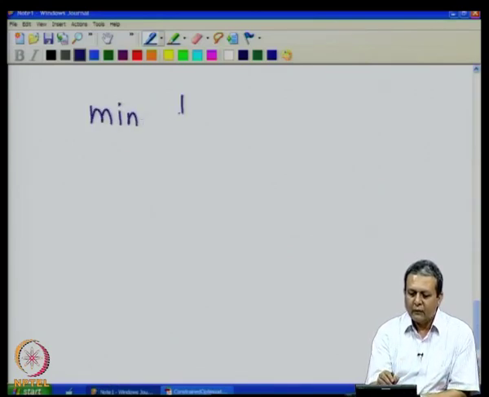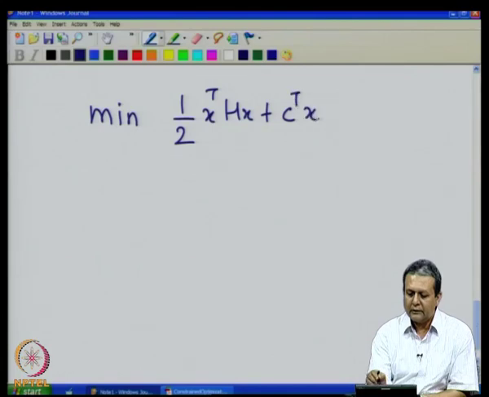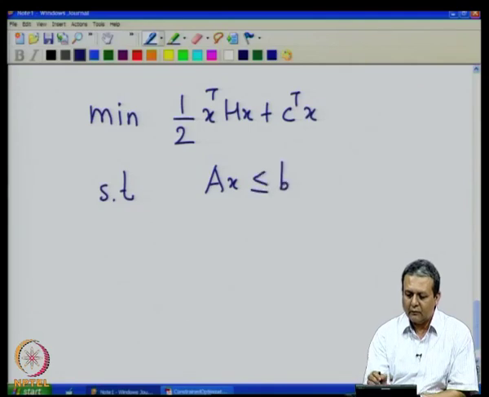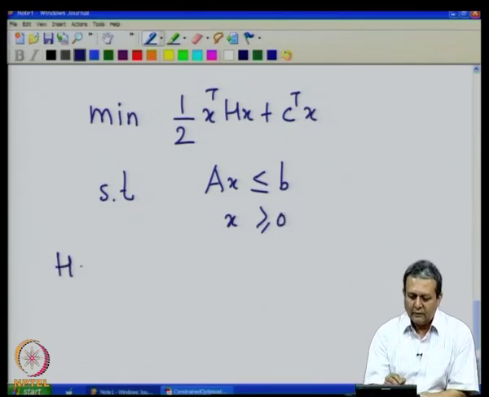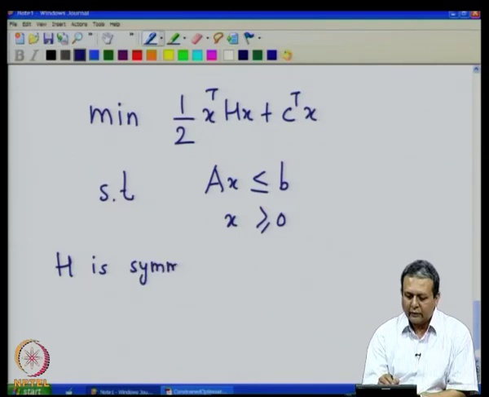Minimize half of x transpose Hx plus c transpose x subject to Ax less than or equal to b, x greater than or equal to 0, where H is a symmetric and positive definite matrix.